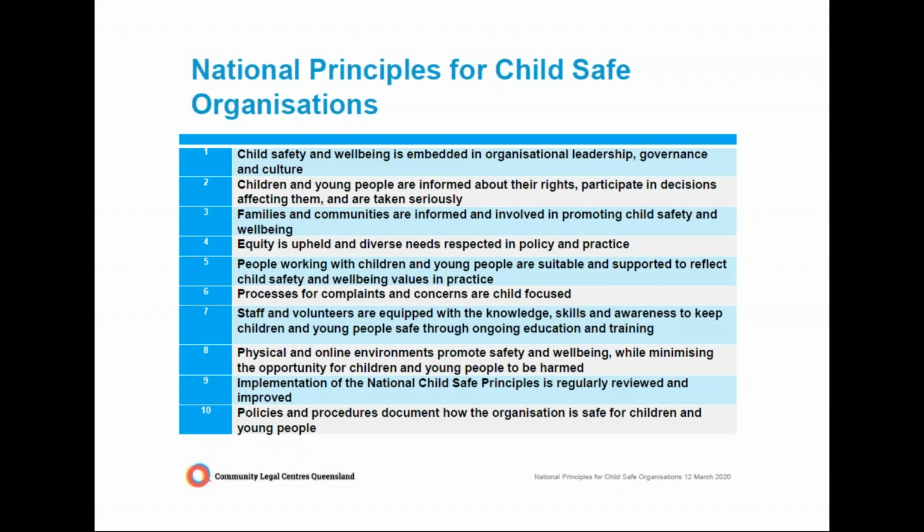The national principles were endorsed by COAG in February 2019. They form part of the Commonwealth Child Safety Framework, but are also likely to be implemented through other cooperative measures between states and territories. In addition to adopting these principles, the Commonwealth Child Safe Framework added the following overlapping requirements.